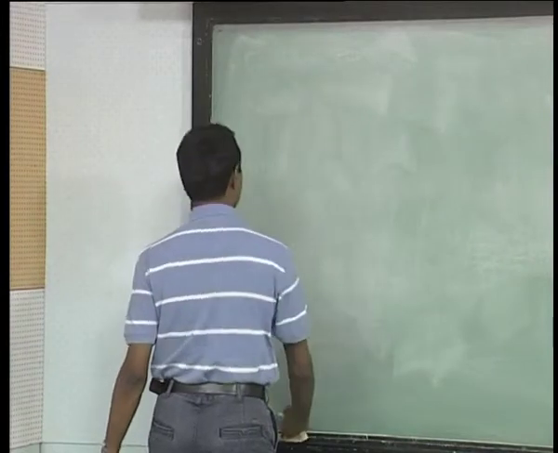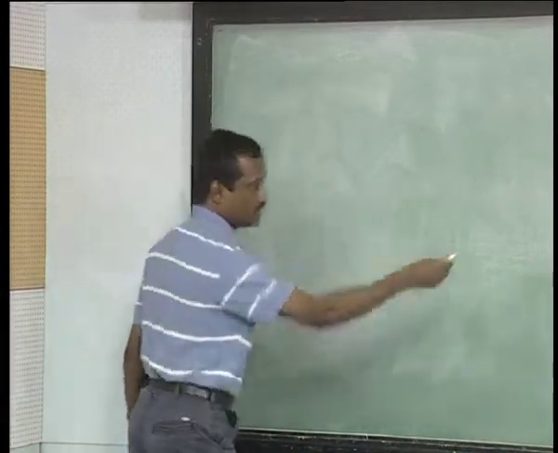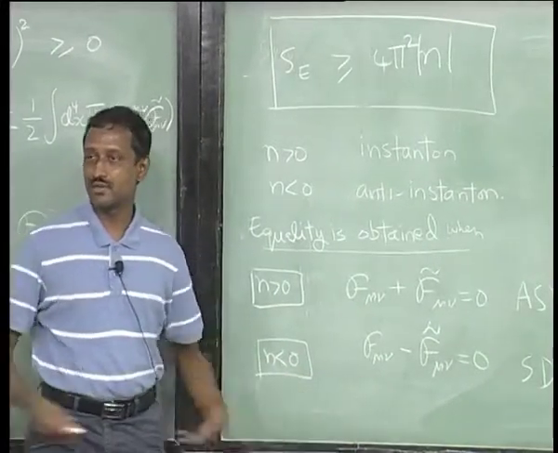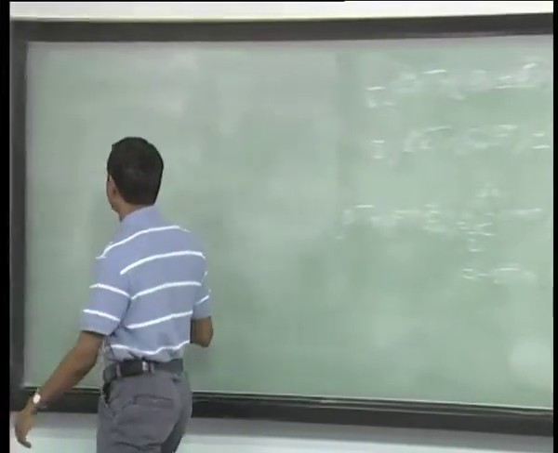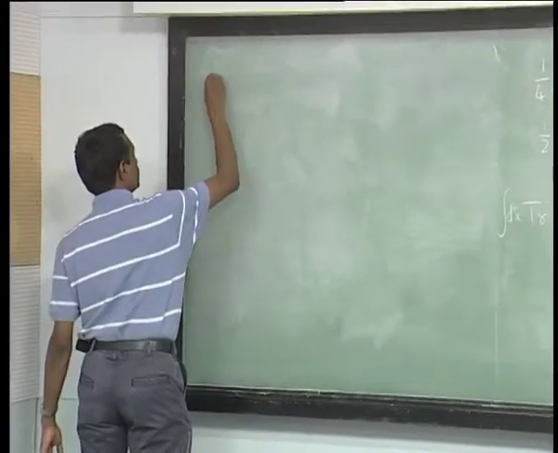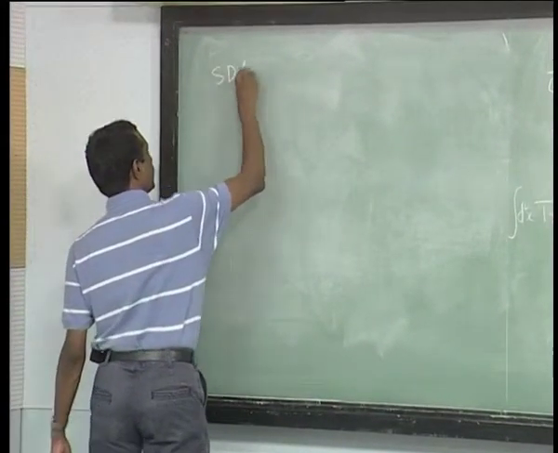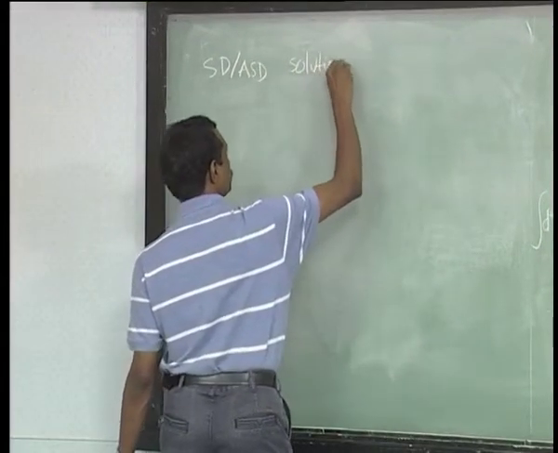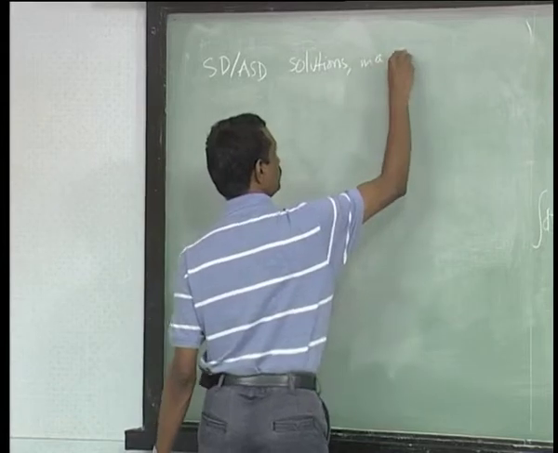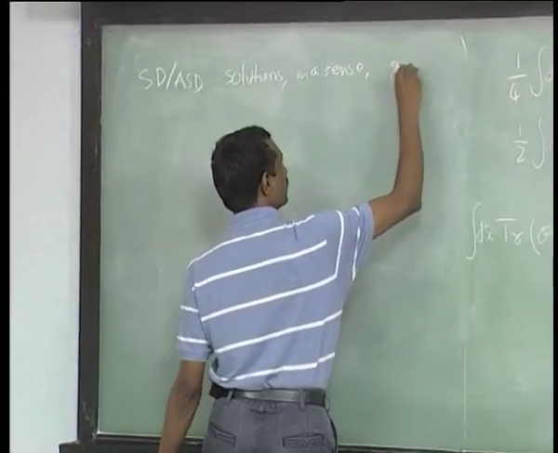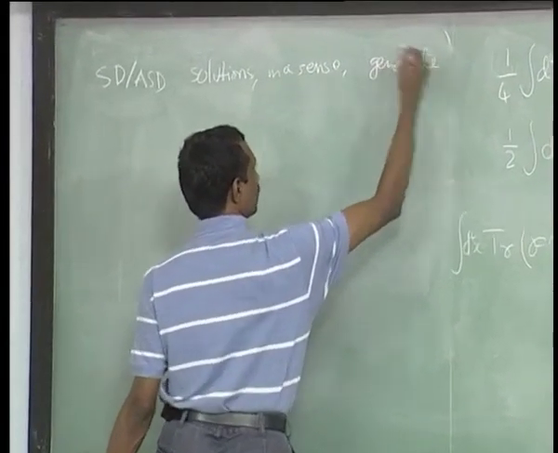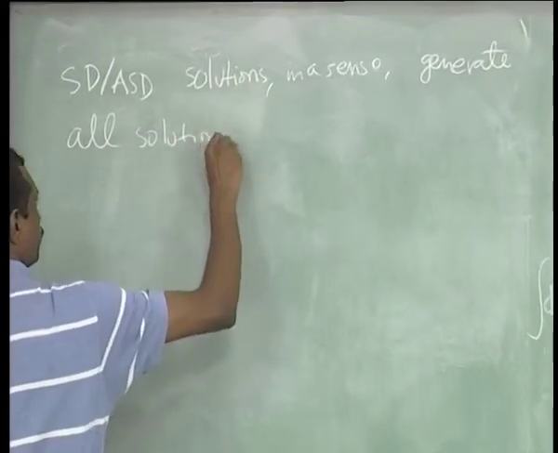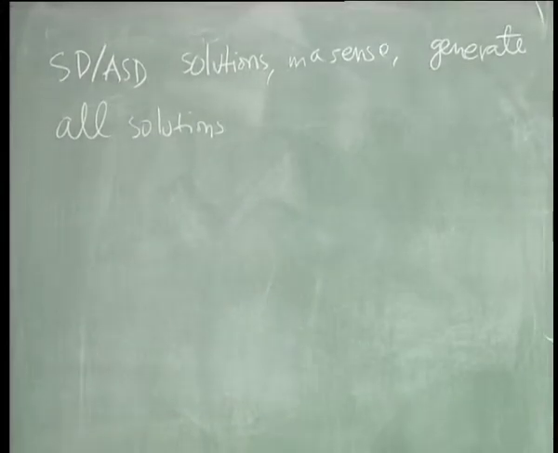So in some sense, if you are looking at configurations like this, we would call them self dual Yang-Mills configurations. Okay. So in some sense these self dual and anti self dual solutions generate all solutions that we have seen in this course.